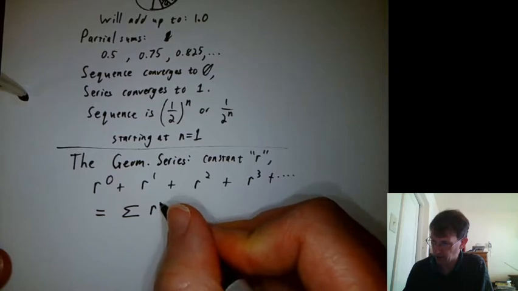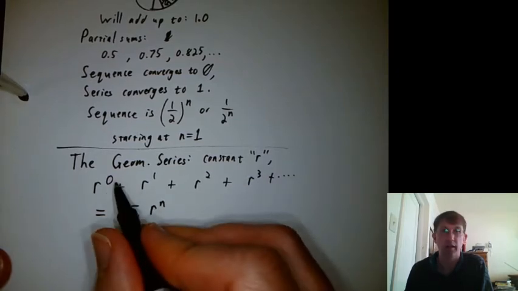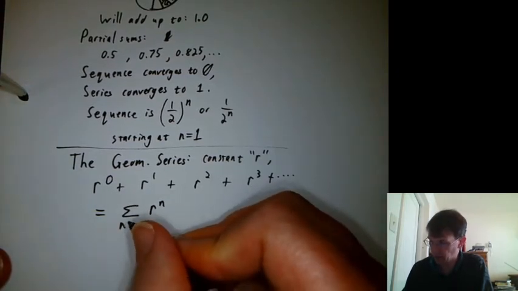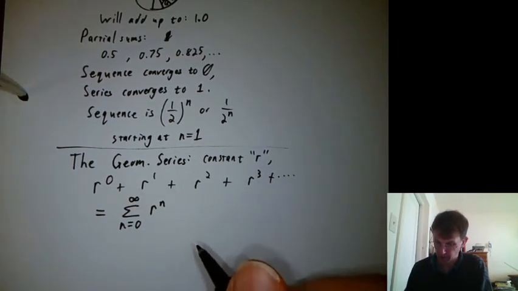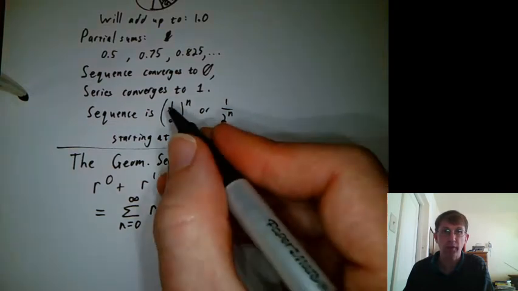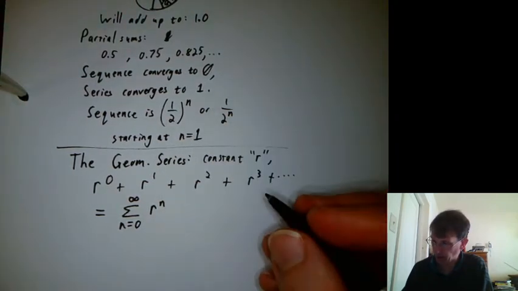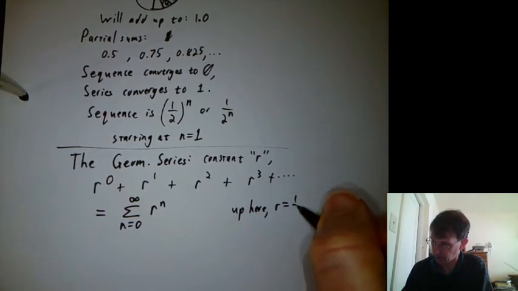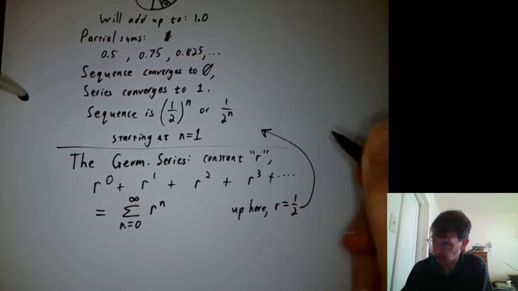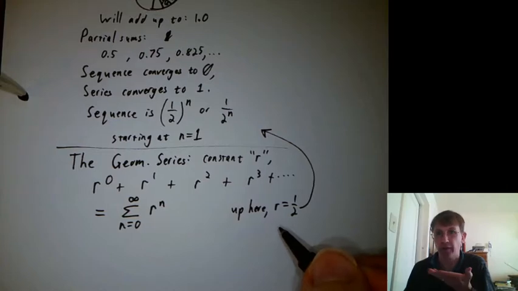We'd say r to the n, and here n starts at 0. It just makes the formula that we get nicer if we start at 0. So up here, r equals a half, but we started at n equals 1 rather than n equals 0.